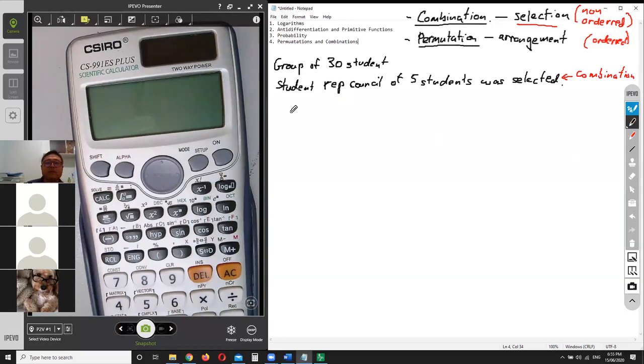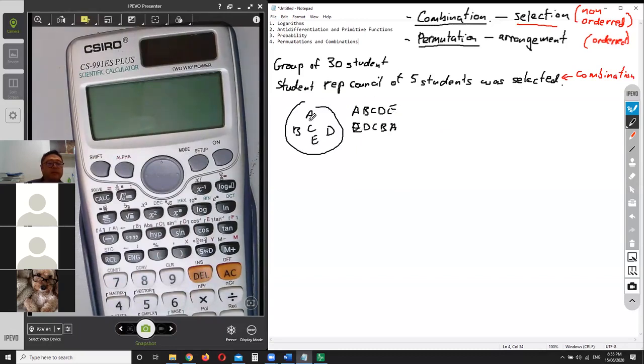So in other words, A, B, C, D, E, that's one selection. A, B, C, D, E is the same selection as E, D, C, B, A. They're the same selection, right?